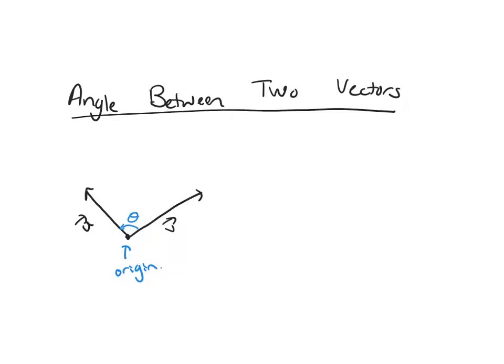Well, really the farthest these two vectors could be apart is that they're on opposite sides. So the biggest this angle could be is pi, and the smallest it could be is 0.